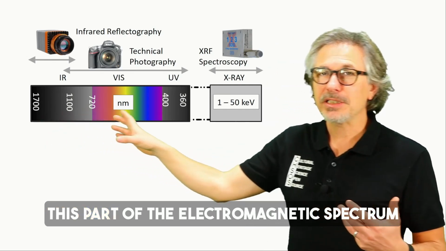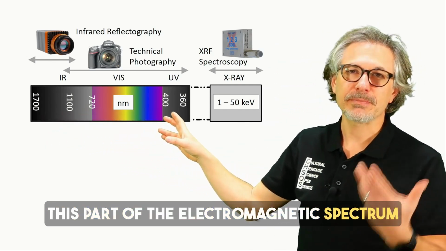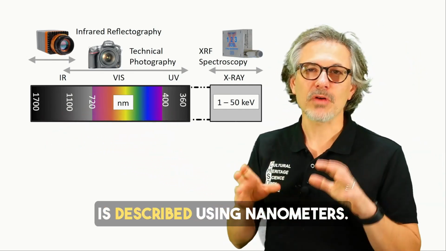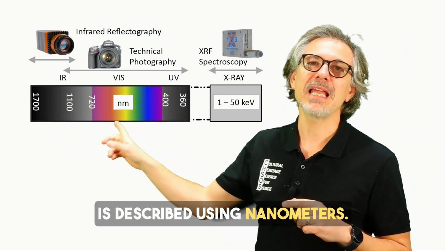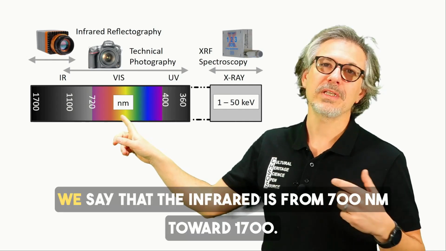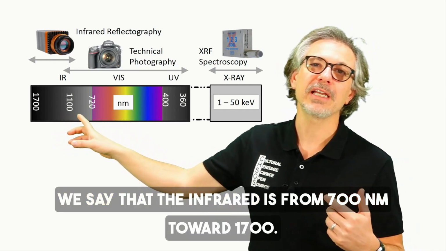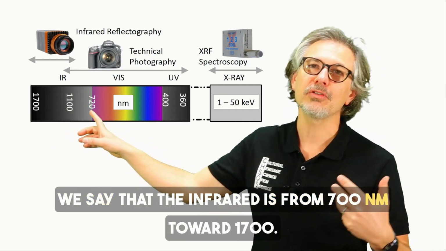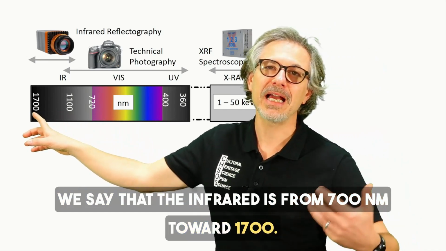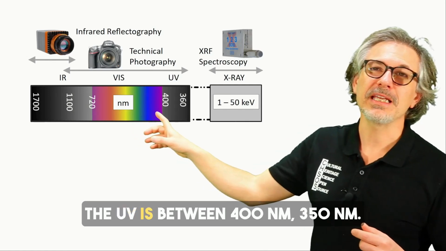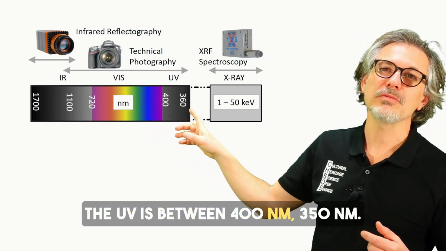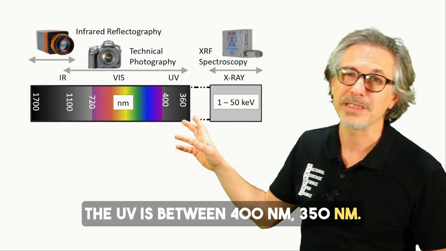This part of the electromagnetic spectrum is described using nanometers, nm. We say that the infrared is from 700 nanometers toward 1700, and the UV is between 400 nanometers and 350 nanometers.